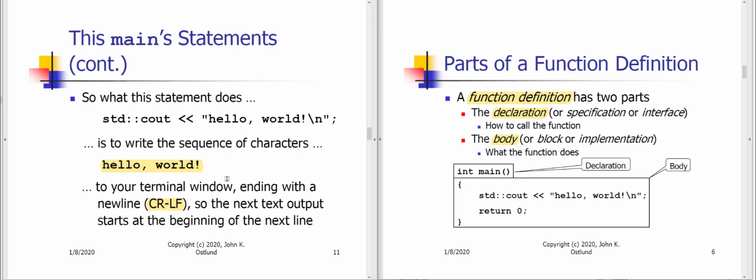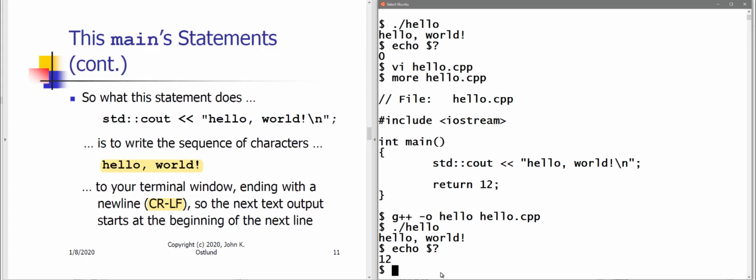Now let me flip back to my Ubuntu terminal window again so that we can see what happens if that new line character is left out. Notice that my shell prompt is at the beginning of the line. The default shell prompt is a $ symbol and a space.